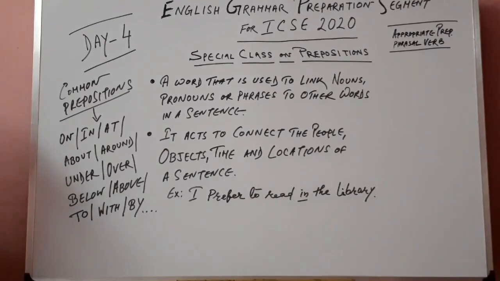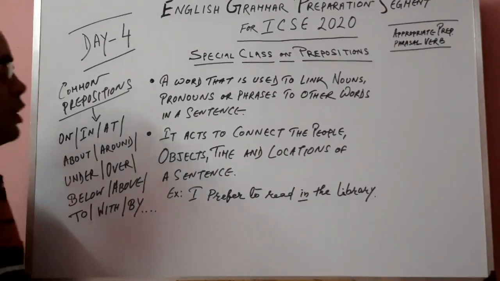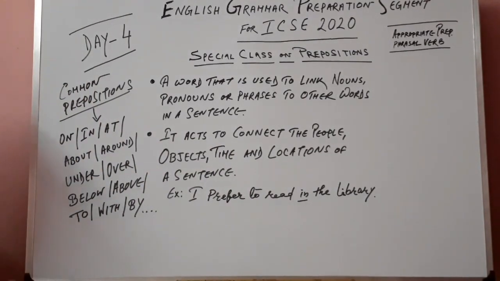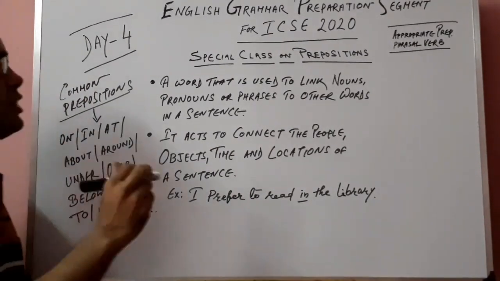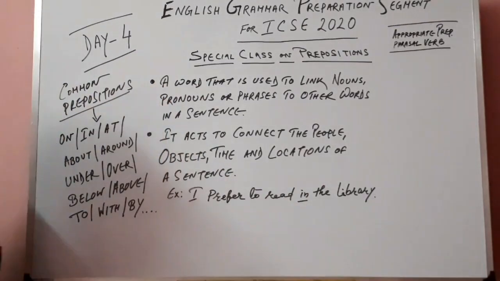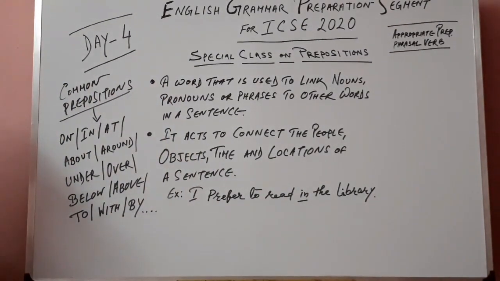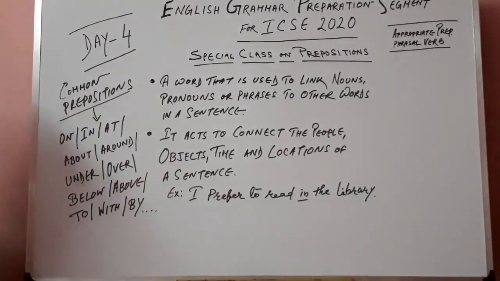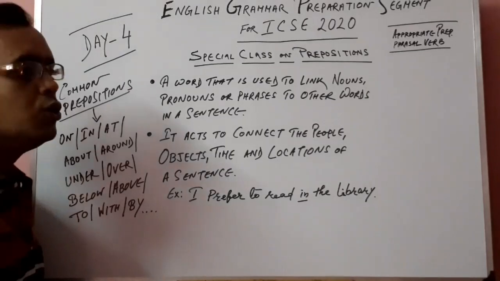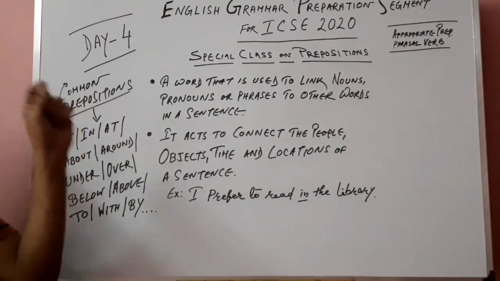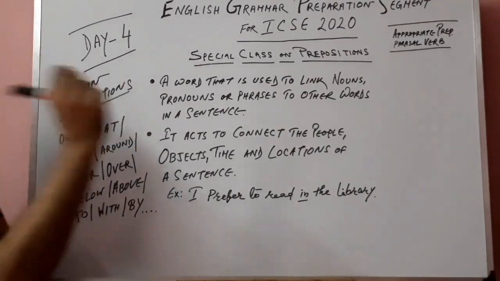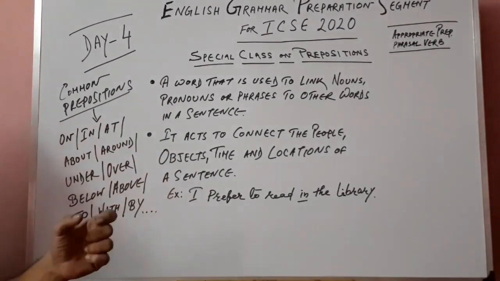Many prepositions are there. But today's class we are focusing on special prepositions or appropriate prepositions. So what is an appropriate or special preposition? Some prepositions are only used for a particular word. Such as, I am giving an example, the word congratulate.